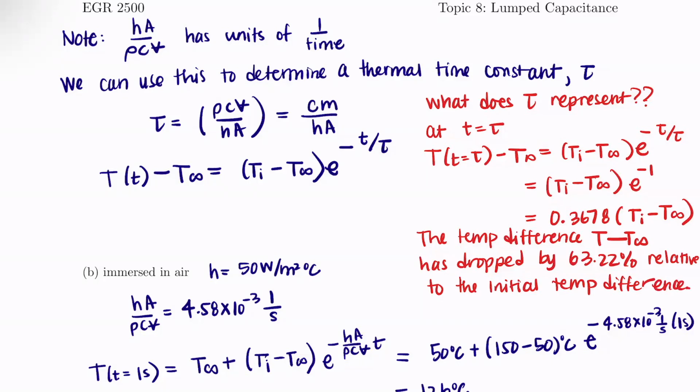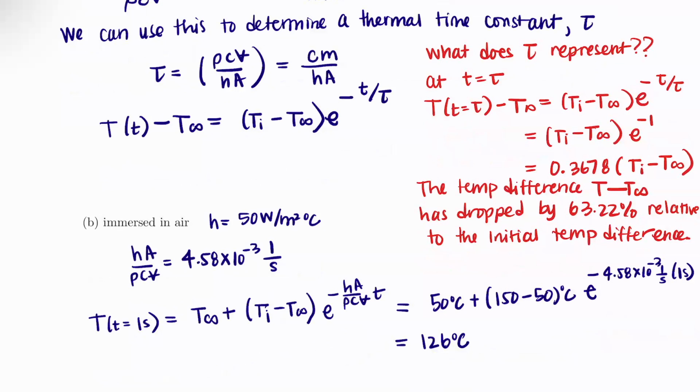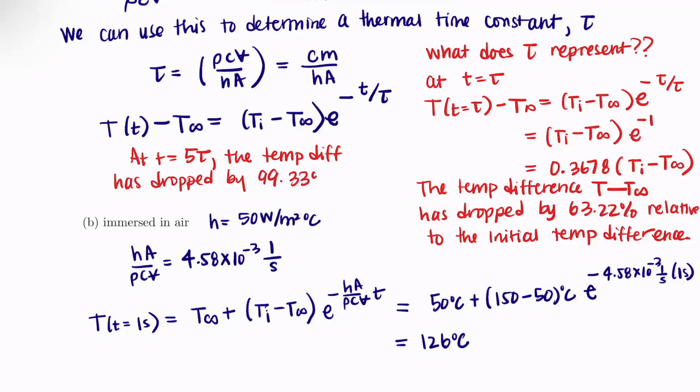Okay, and then by a similar argument, which I'm going to write over here, at t equals 5 tau, the temperature difference has dropped by 99.3%. Okay?